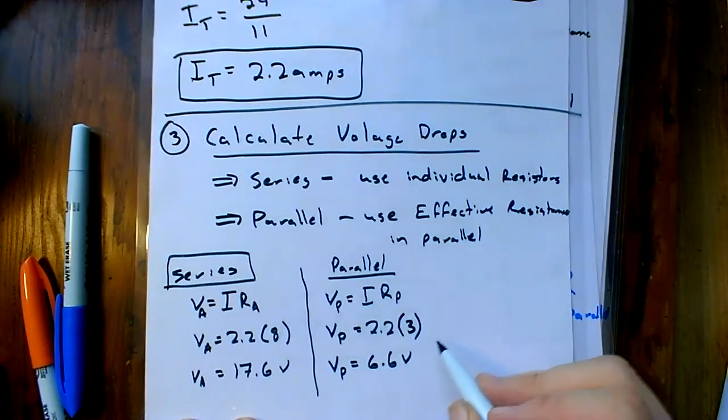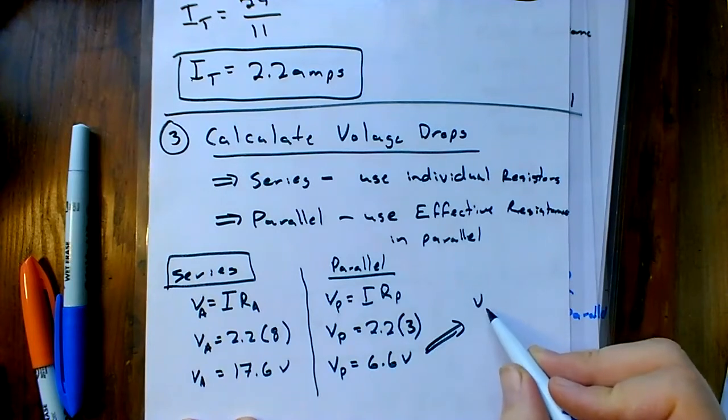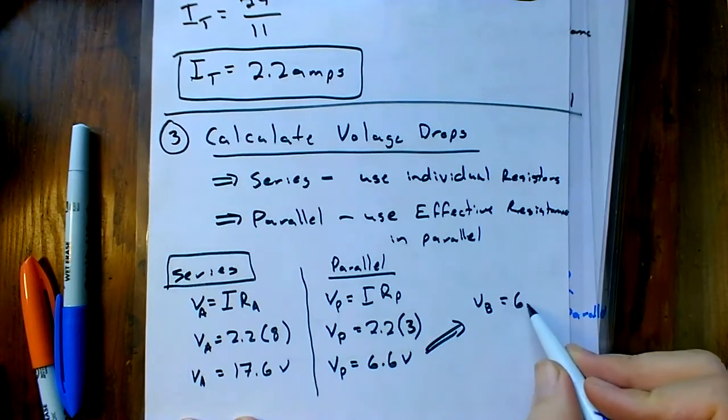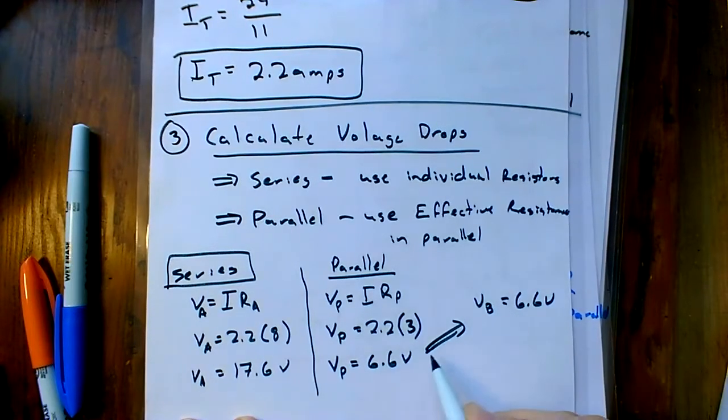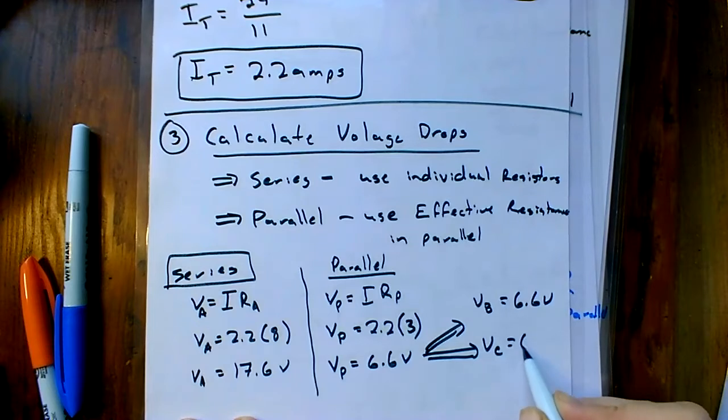Now that means that I'm going to have voltage drops. That means that my voltage drop across B is that 6.6 volts, and it means my voltage drop across C is 6.6 volts.